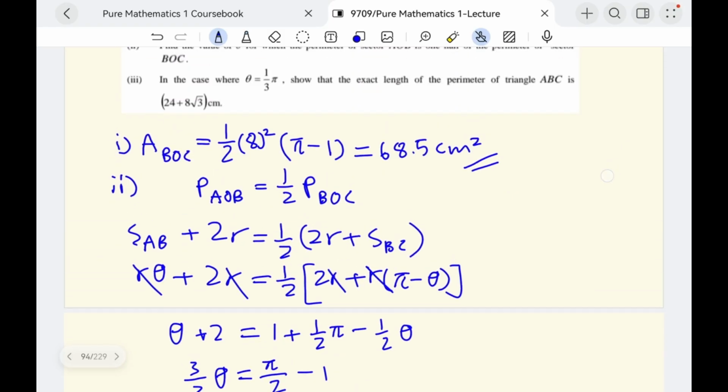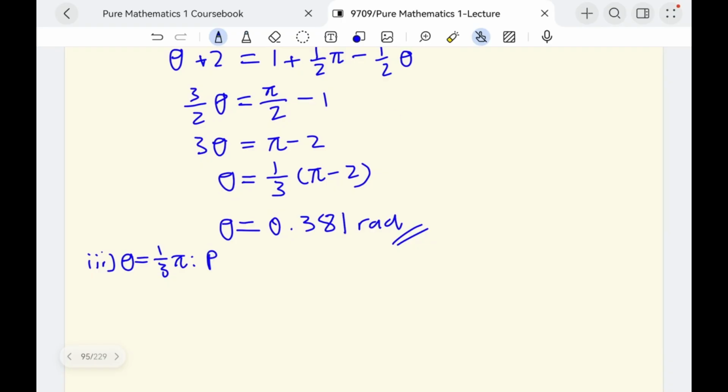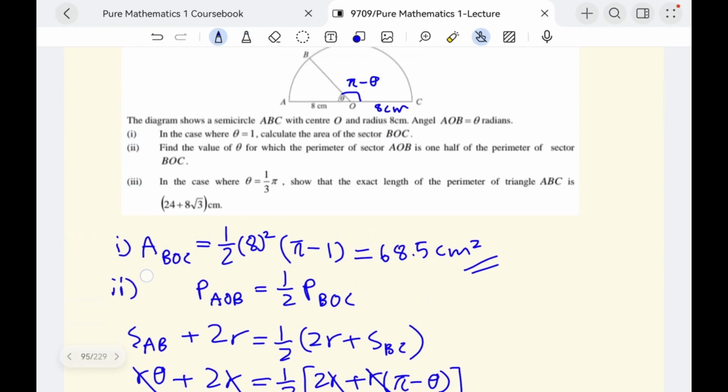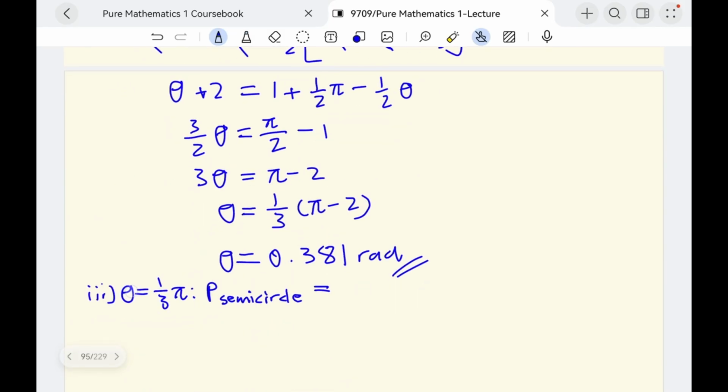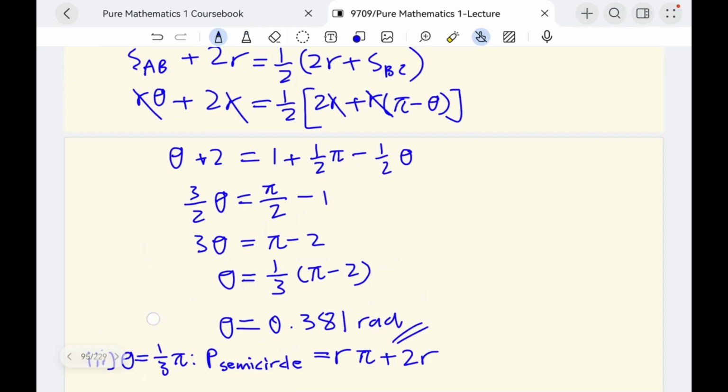So how to get the perimeter of the semicircle? The arc length of the semicircle is r times pi, plus 2 times the radius.